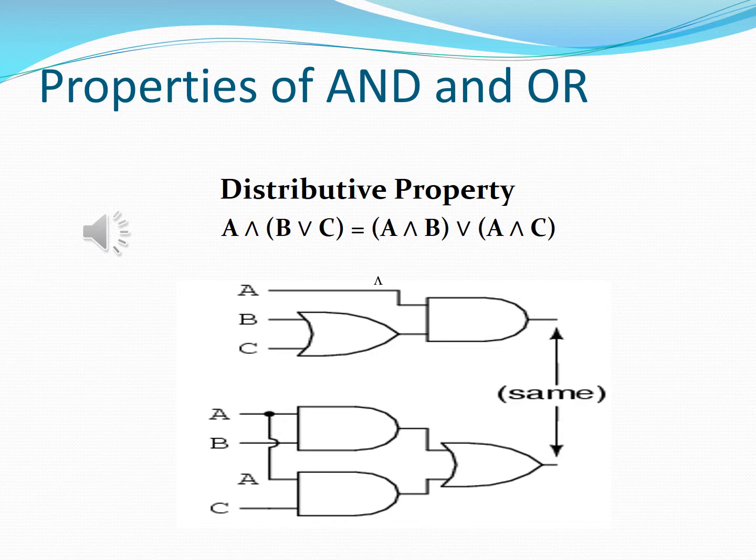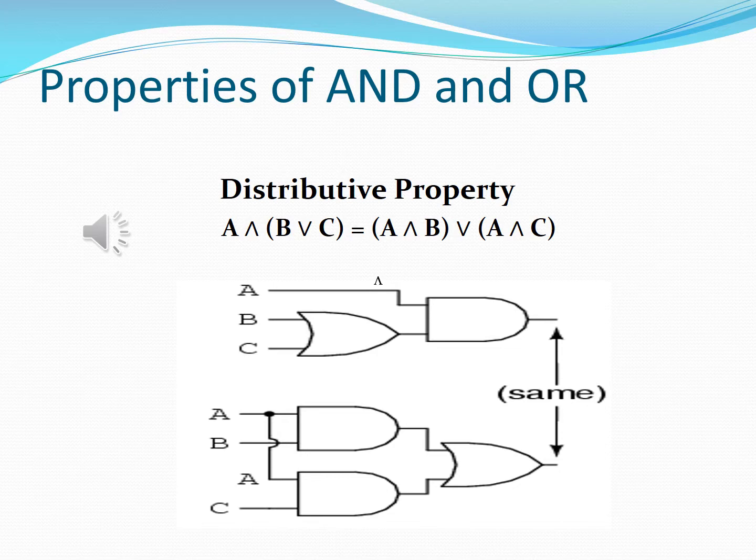Properties of AND and OR. The third property is known as the distributive property. The distributive property is the same as the distributive property that you know of in algebra. The only difference here is that we apply it for logical expressions, or we apply it for the binary system.